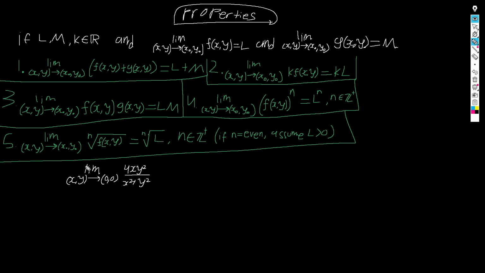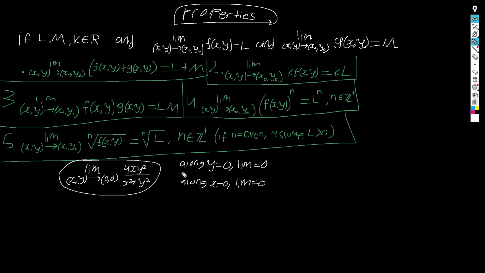Now we have this limit, and what you'll notice is that we can't factor anything into anything useful that would cancel out factors in the numerators and denominators. Nothing we can do. But what we can do is approach this analytically. We can approach the origin from two different directions and see what we get.